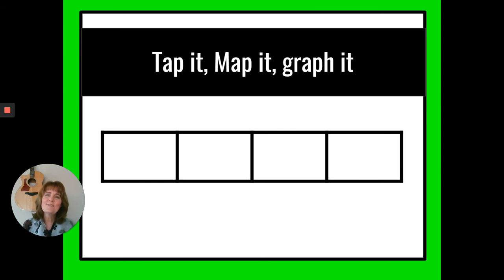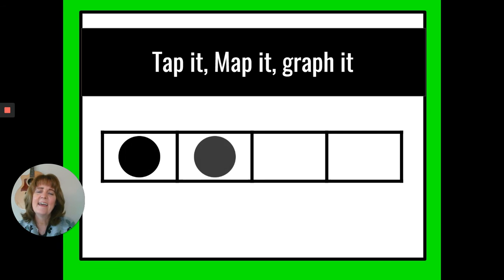It's time to tap it, map it, and graph it, boys and girls. This is my favorite part. So the first word that we're going to tap out is the word said. Tap it. S, e, d. Said. I hear 3 sounds. Let's check. S, e, d.